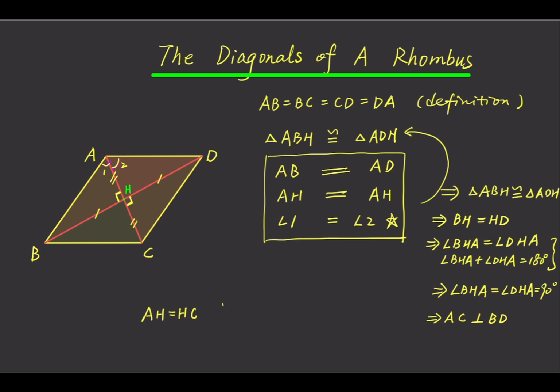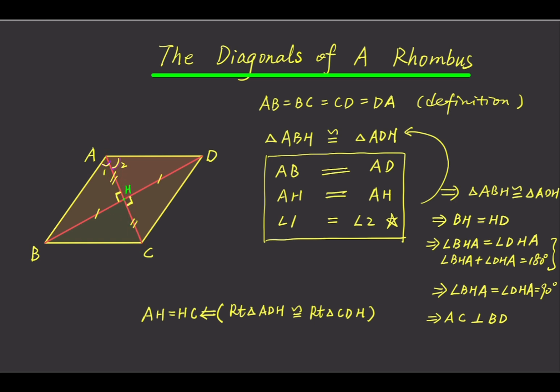So we get this conclusion because the right triangle ADH is congruent to the right triangle CDH. And from this conclusion, we get AH equal to HC. So H is also the midpoint of this diagonal.